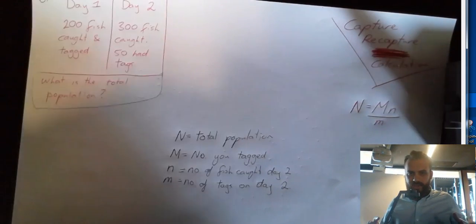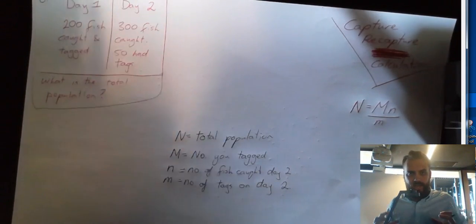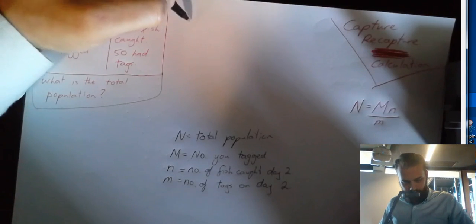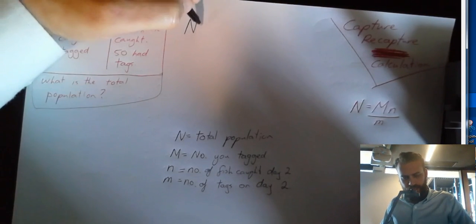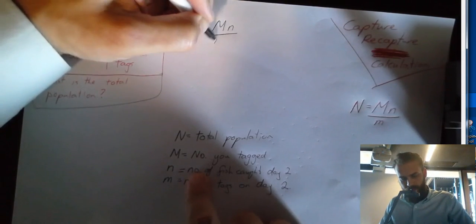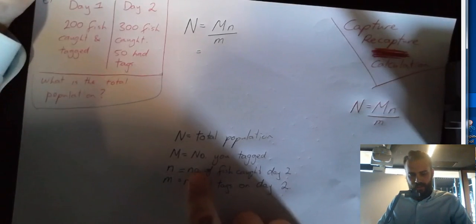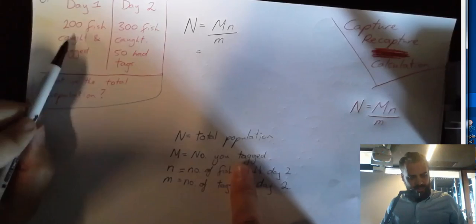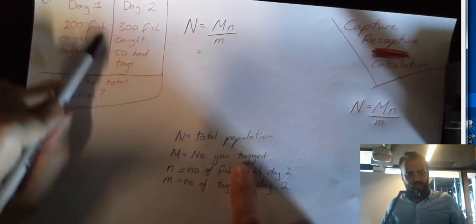Okay, with this information, we can now calculate how many fish were in our dam. So, the total population of our dam is equal to capital M, small n, over small m. Now, capital M was the number that you tagged. Well, we tagged 200 fish. Those are all the fish that we caught on day 1.